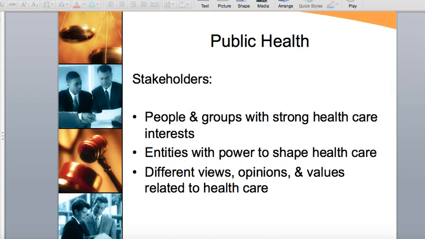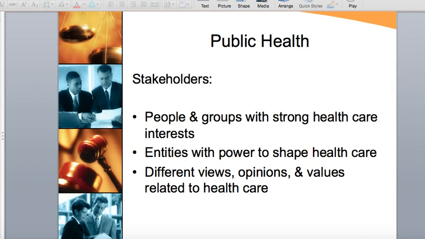When we're talking about improving the healthcare systems, who then would be responsible for doing that? Well, there are many stakeholders in the healthcare reform discussion. And when I'm talking about healthcare reform broadly, I'm talking about improving the system as a whole. But when we're talking about stakeholders, we're looking at people or groups with strong healthcare interests.